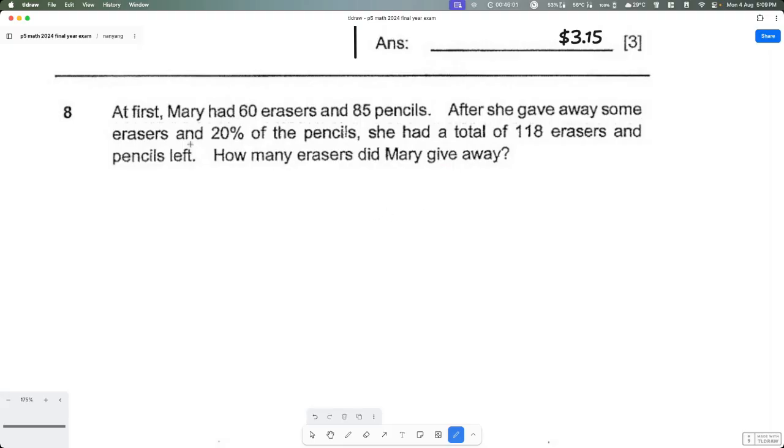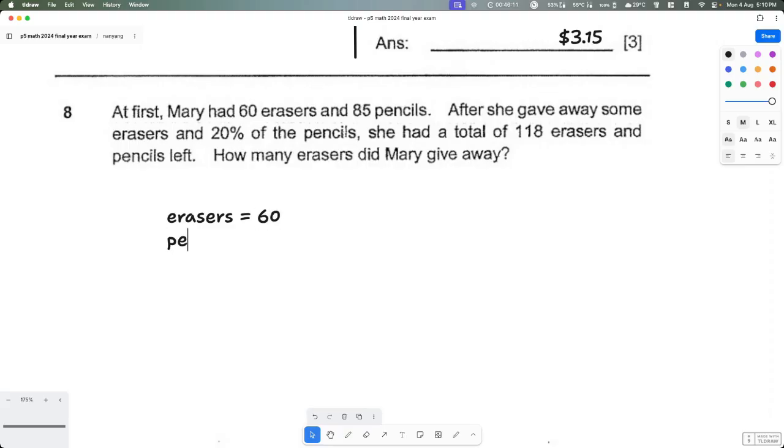So we don't know. First, she gave away some erasers and 20% of the pencils. We know erasers is equal to 60, and pencils is equal to 85. So pencils given away is equal to 20% times 85.